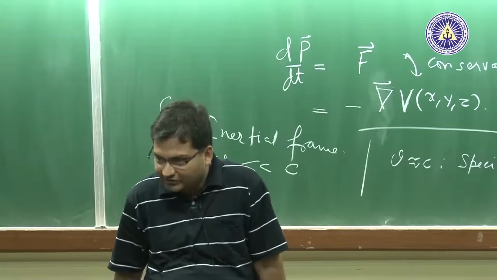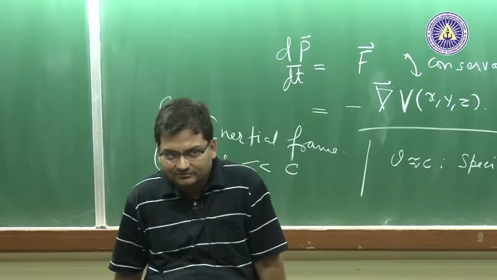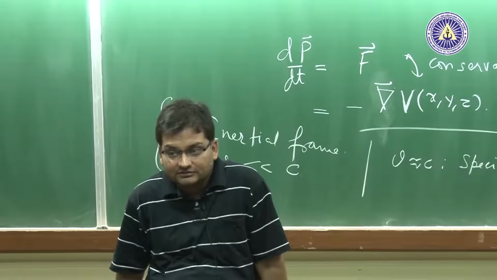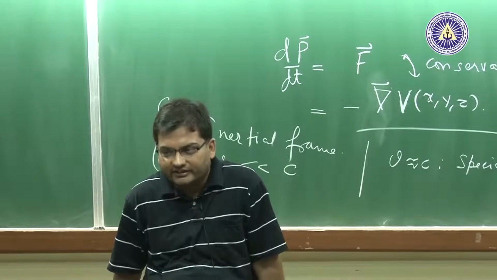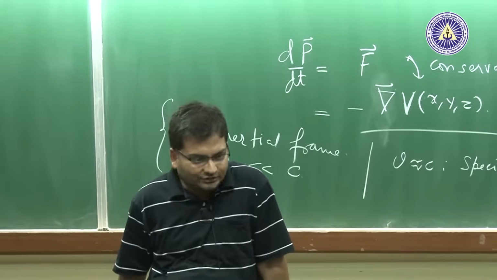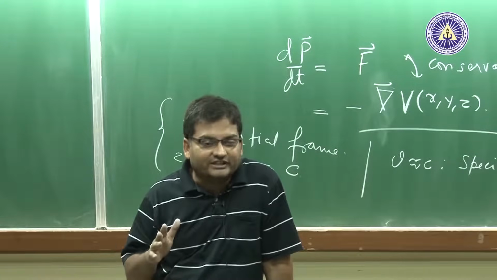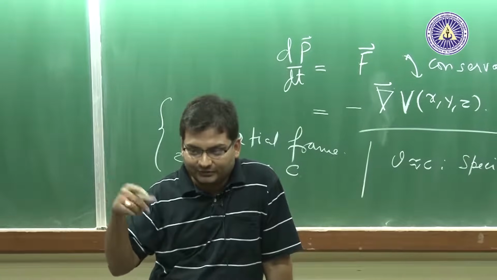So, what is the size of the electron? Minus 20. Okay. What is the size of the nucleus roughly? Minus 15. So, from electron to the nucleus is 5 orders of magnitude.